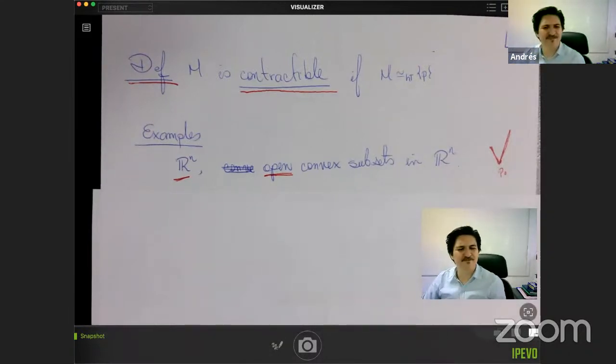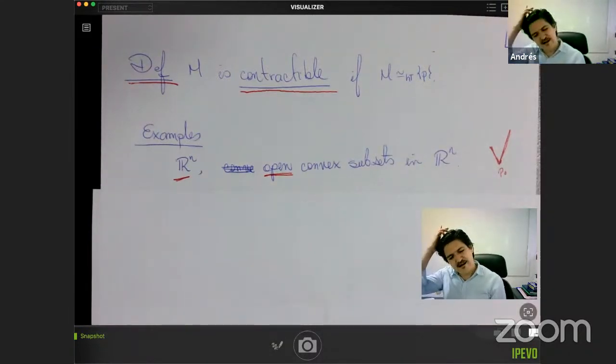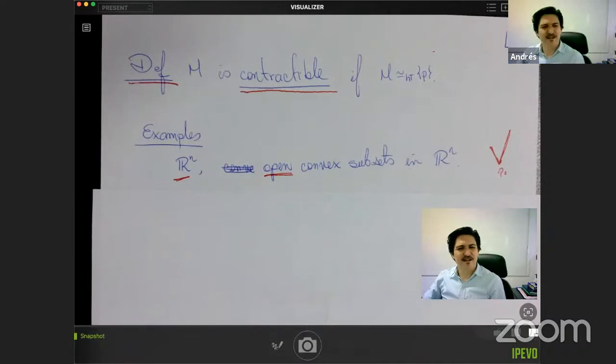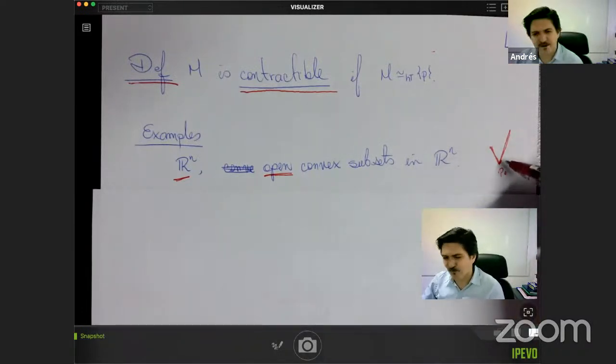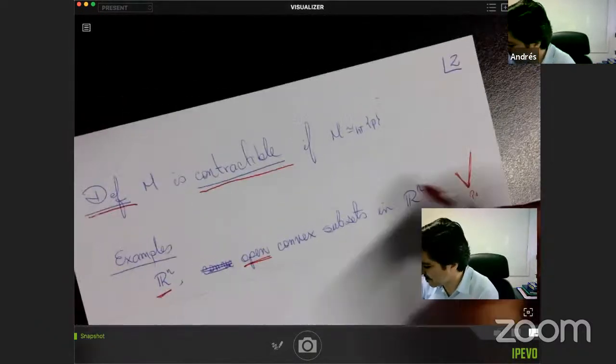Oh, sorry, I didn't want to say it is true for convex. What I'm writing here is the star shape, or star convex. Sorry for that.